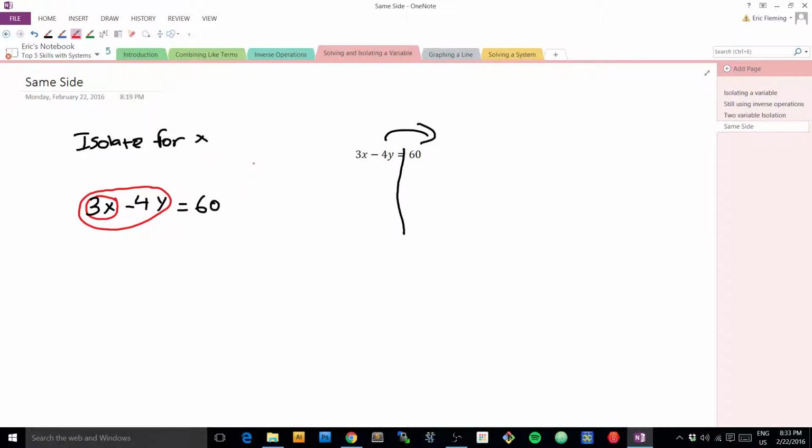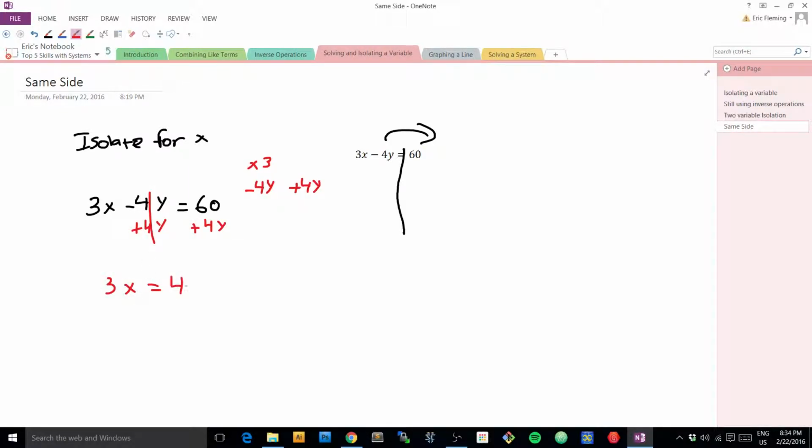So again, we got a times 3, and we have a minus 4y. And I would think about how I would undo that. I will undo a minus 4y with a plus 4y to both sides. So plus 4y. Making this go away.